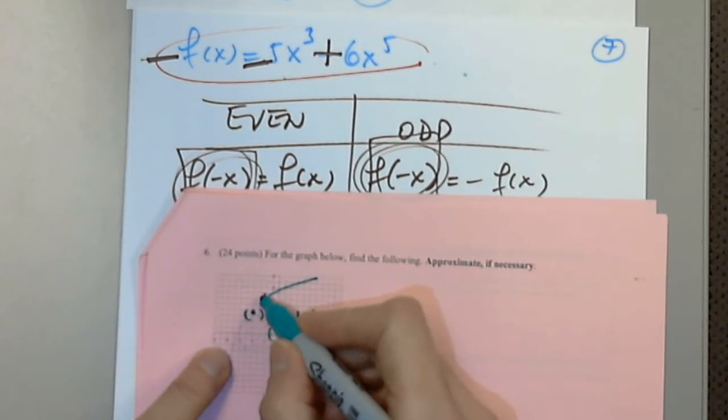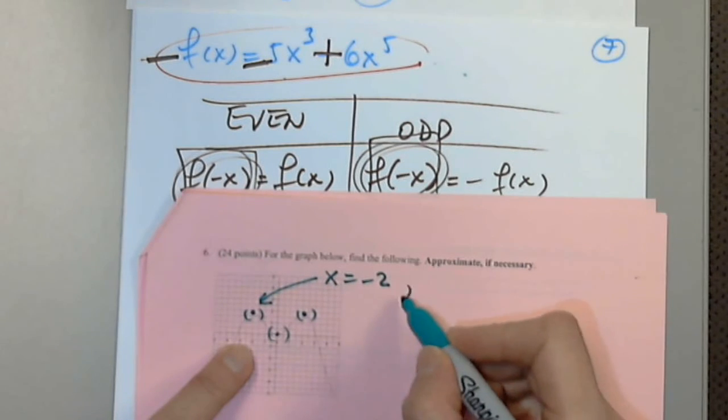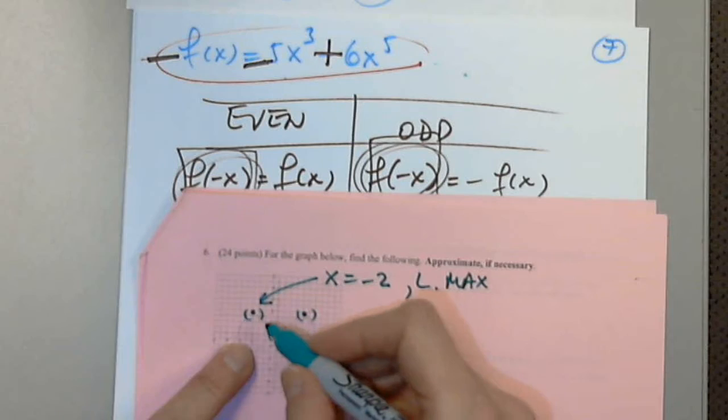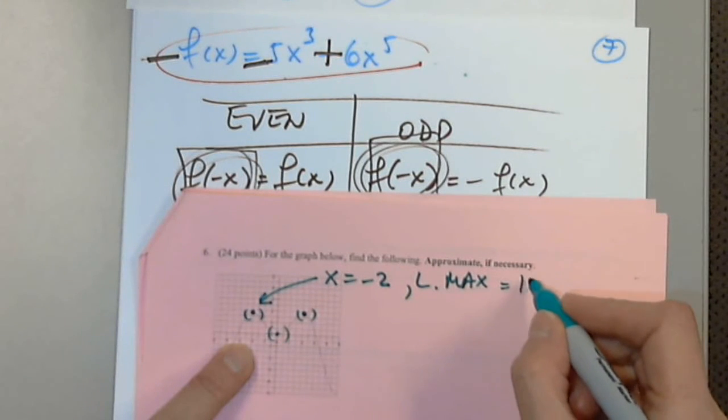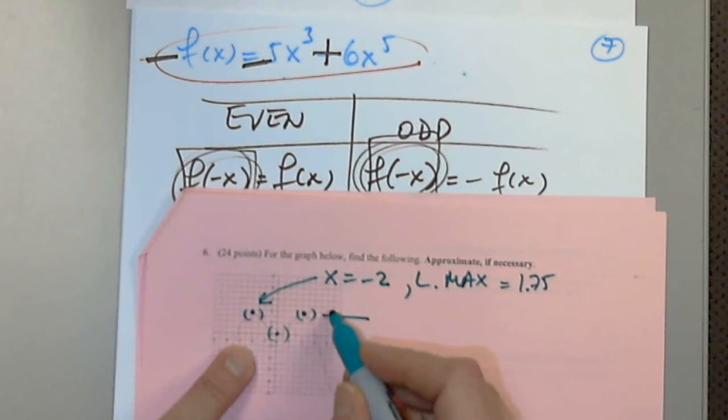So I will say that when x equals -2, local max is 1.75. I put 1.5. That's fine. It's closer to 2 than 1.5, but that's fine. Okay, the same thing here.